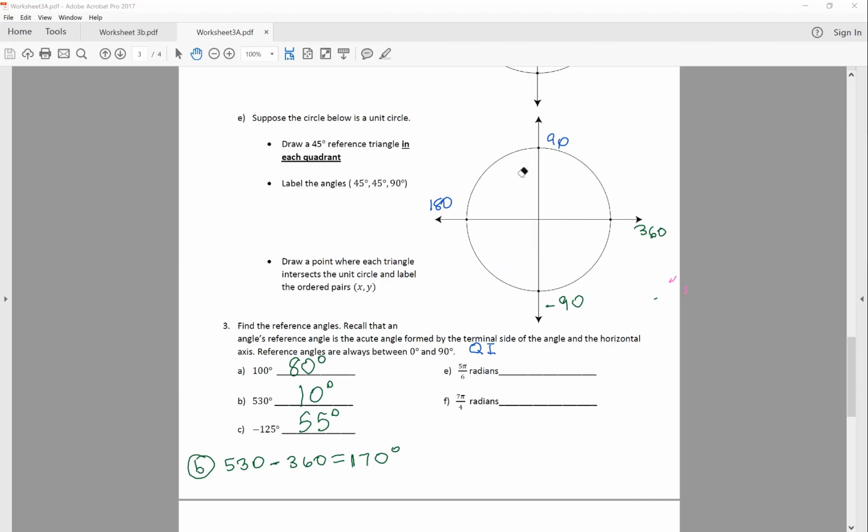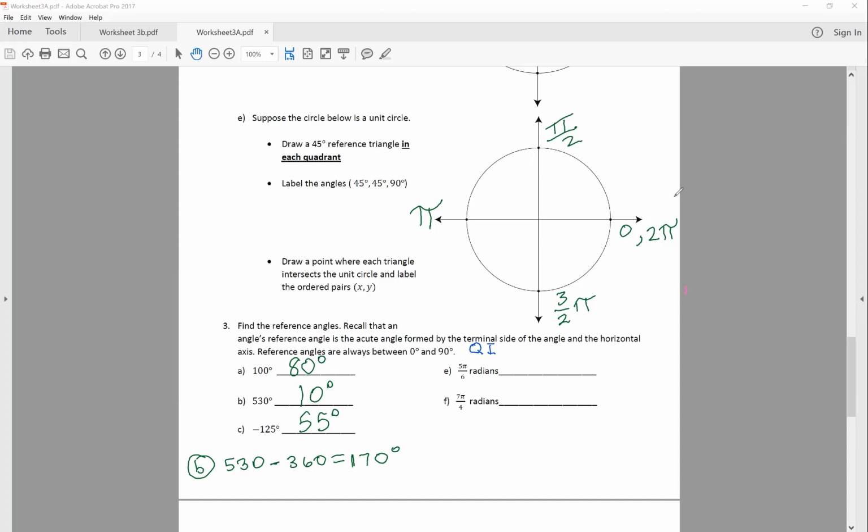Now we have 5 pi over 6. Again, whenever we think of radians, we have to think about this as 0, pi over 2, 3 pi over 2 is 1.5 pi, and if I continue all the way through, this is 2 pi, same as 0.